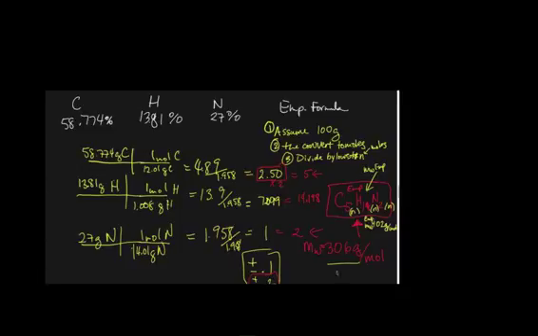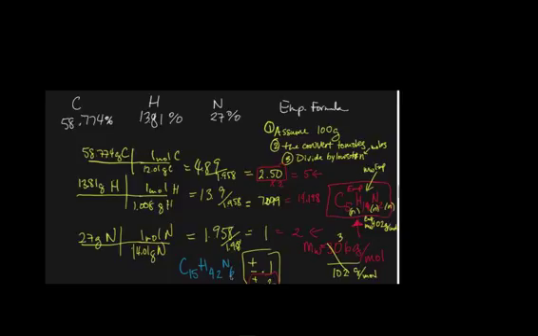Okay? So if I take that 102 over here and divide it, I know that this goes in there 3 times. So the molecular formula that I was interested in would be C15H, whatever 3 times that is, 42, and N6.